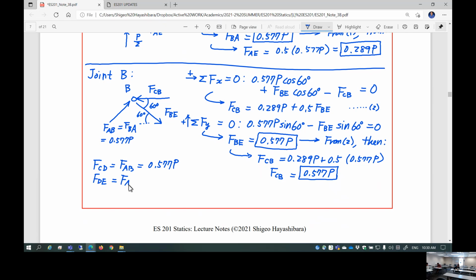This is equal to FAE, which is 0.289P. You can also say FCE is equal to FBE, in which 0.577P. You can say those things because it's a symmetrical structure.